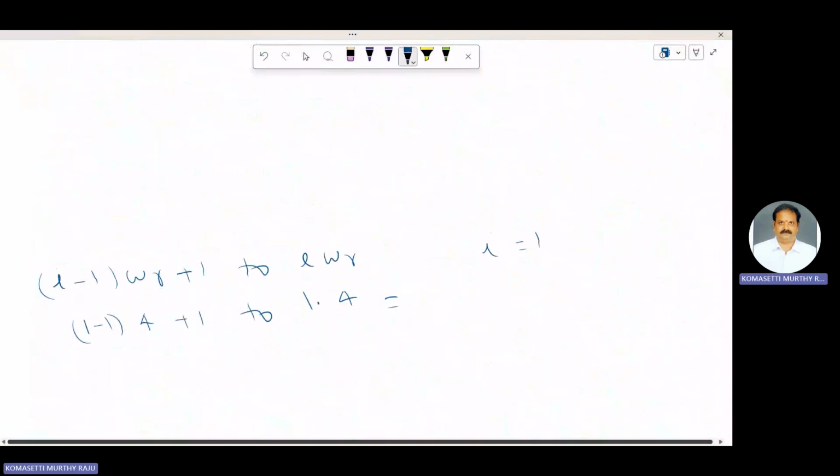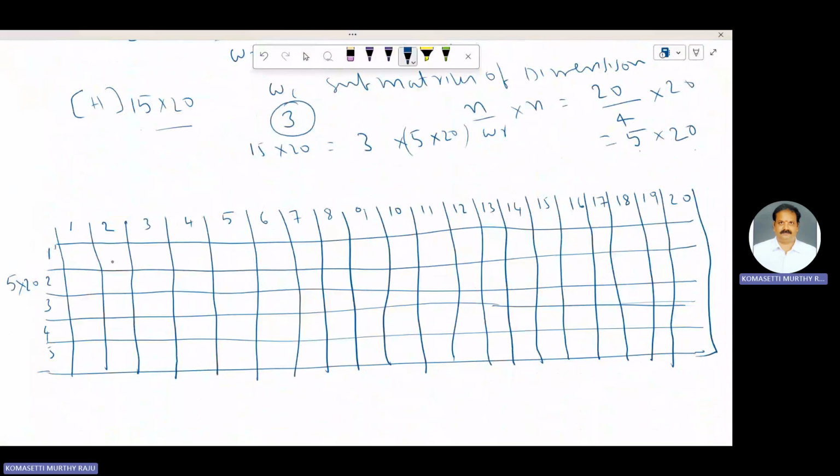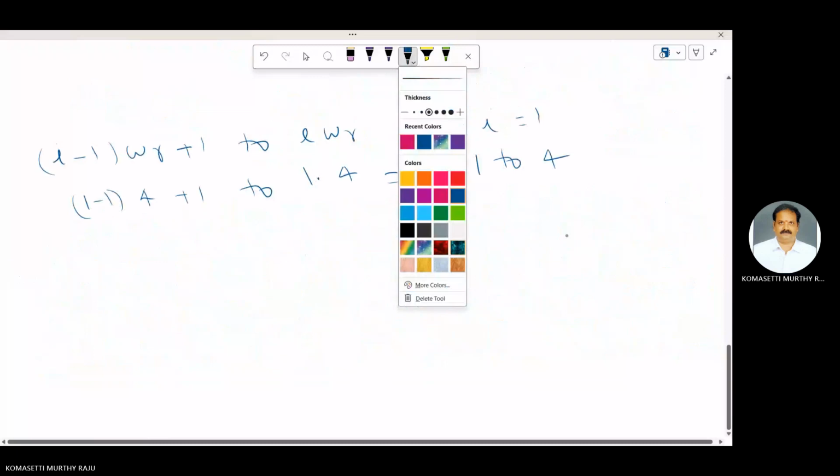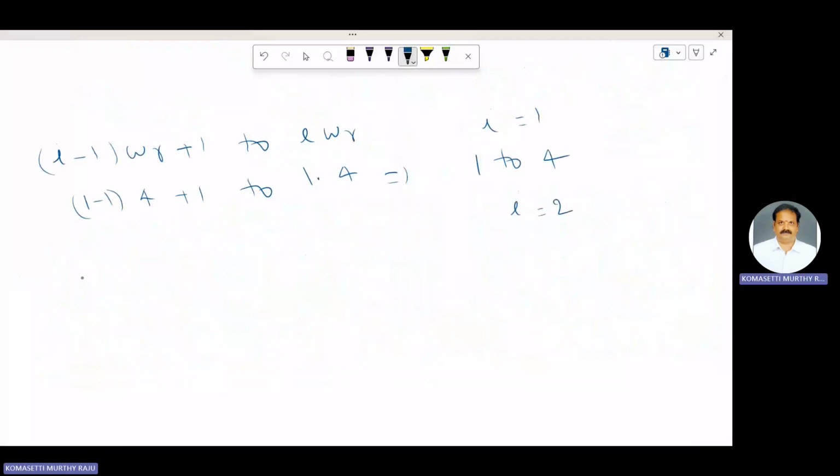That is, for the first row, the ones are in columns 1 to 4. For the first row, the columns containing ones are 1, 2, 3, 4. This is 1, 1, 1, 1. Next, for the second row, I is equal to 2: 2 minus 1 into WR is 4, plus 1, to 2 into 4.